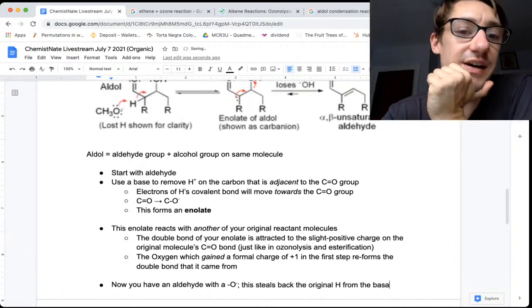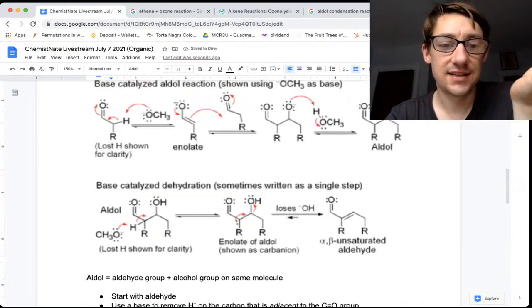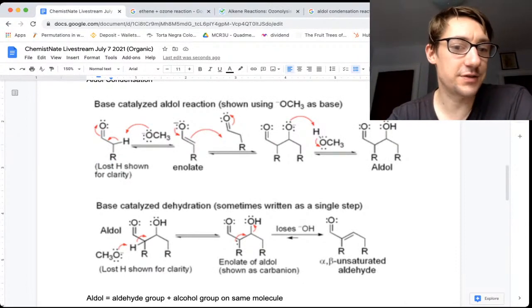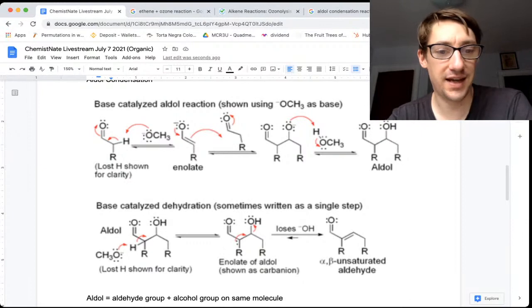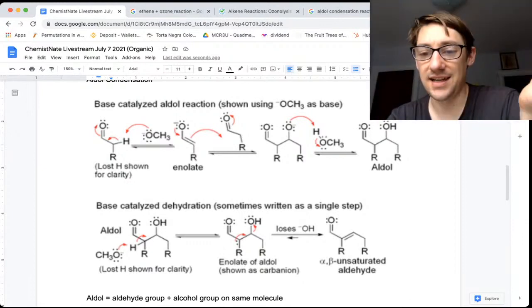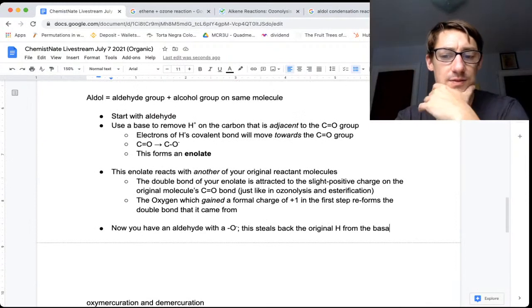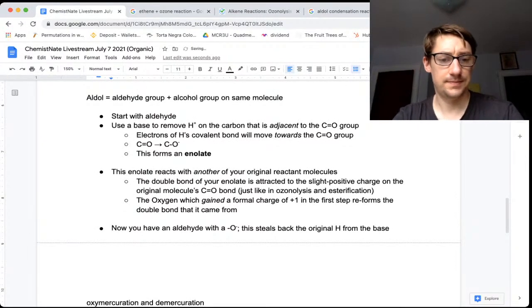So you just have a bunch of aldehyde, like one reactant, with any amount of strong enough base to rip off that H. You're going to end up with an aldol. That's fun.